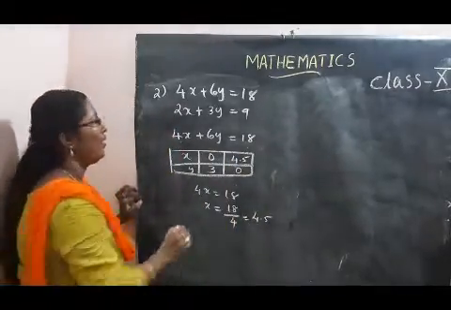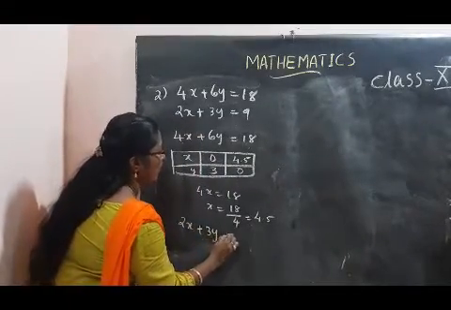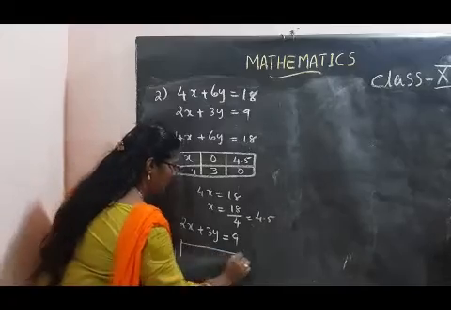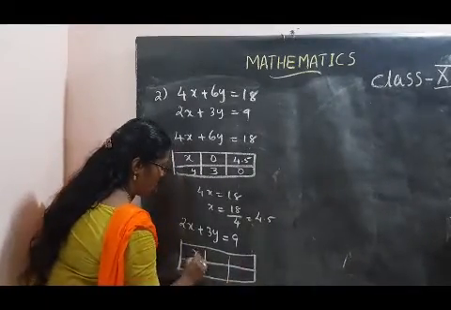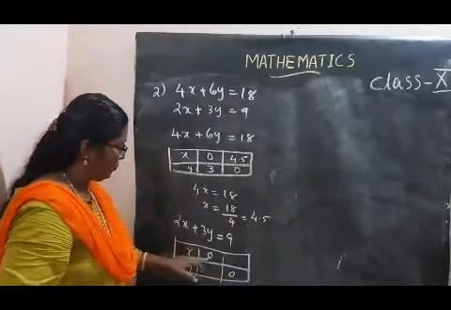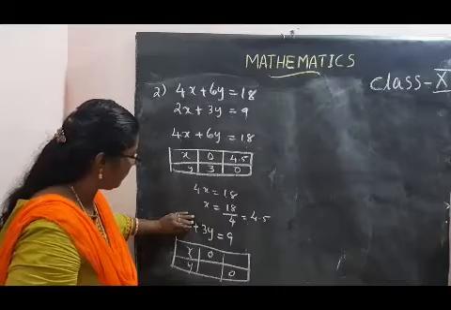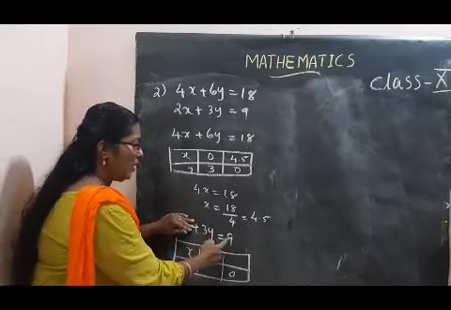Is it? Okay, then 2x plus 3y equal 9. What if we put x equal 0? Substitute the x value 0, then 3y equal 9.